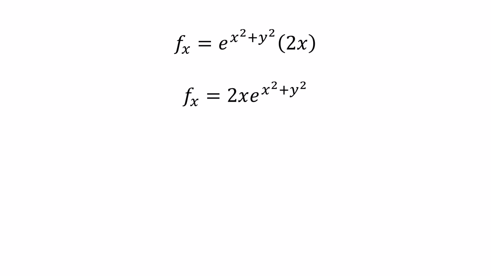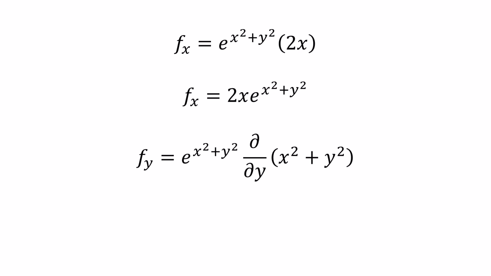Next, we determine the partial derivative with respect to y. We begin by applying the chain rule to get f_y = e^(x²+y²) times d/dy of x²+y².